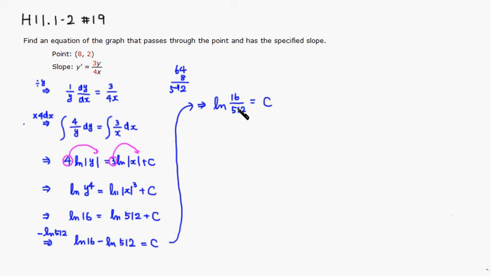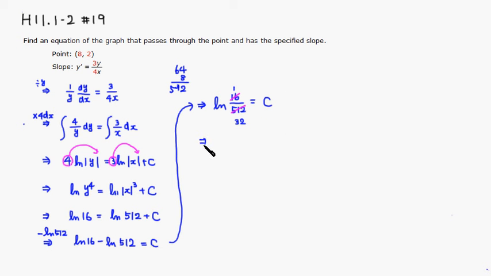We can cancel 16 and you would have 1 on top. 512 divided by 16 would be 32.